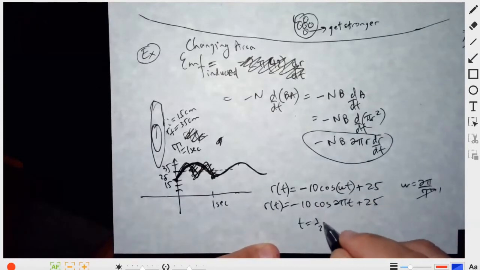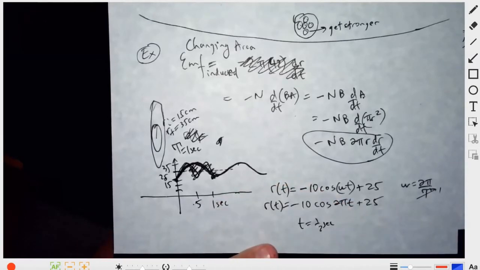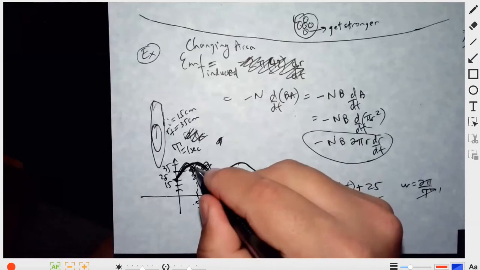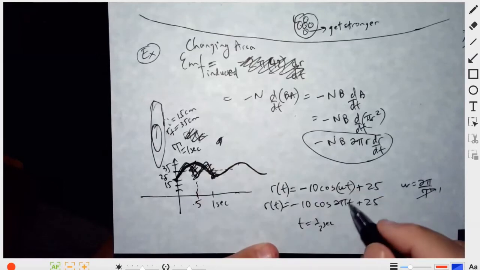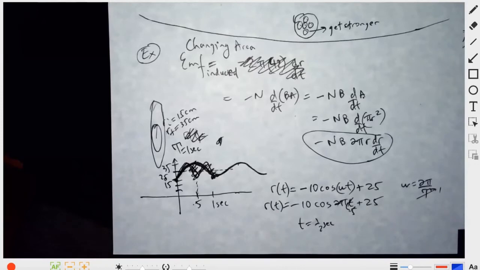T is a half a second. You should get the 35, right? So half a second, 2 pi times half, that's cosine of pi, which is -1, so 10 plus 25, yep, 35. Got it. So right on the spot, I came up with an equation for it.